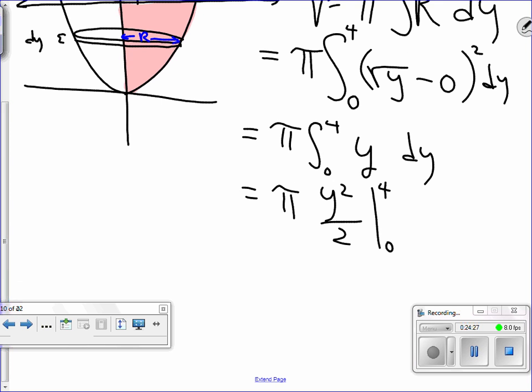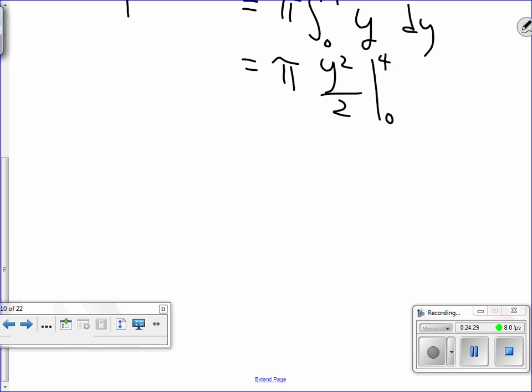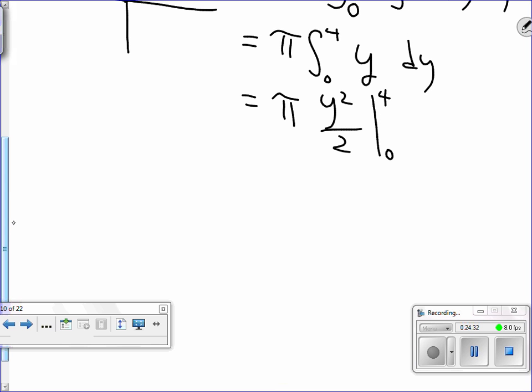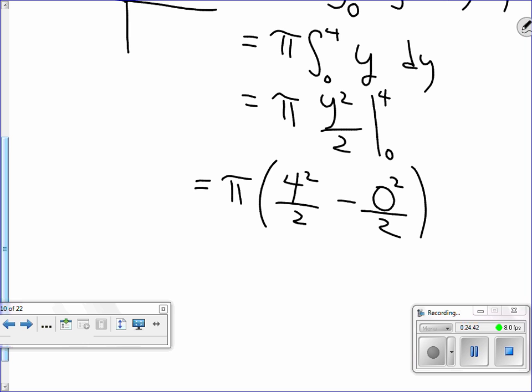I never want to forget to take the antiderivative. But now, and we'll leave the pi out to the end, we'll just plug in the upper and plug in the lower and subtract, and we'll get our answer.